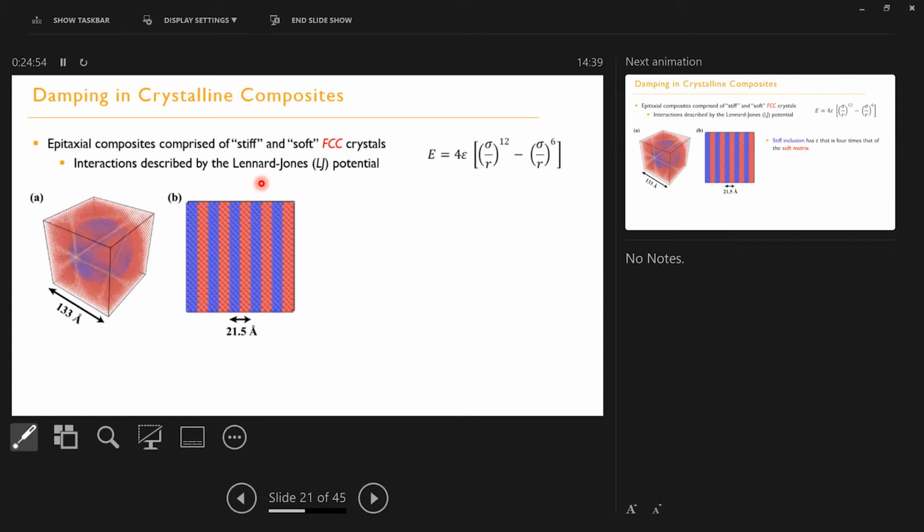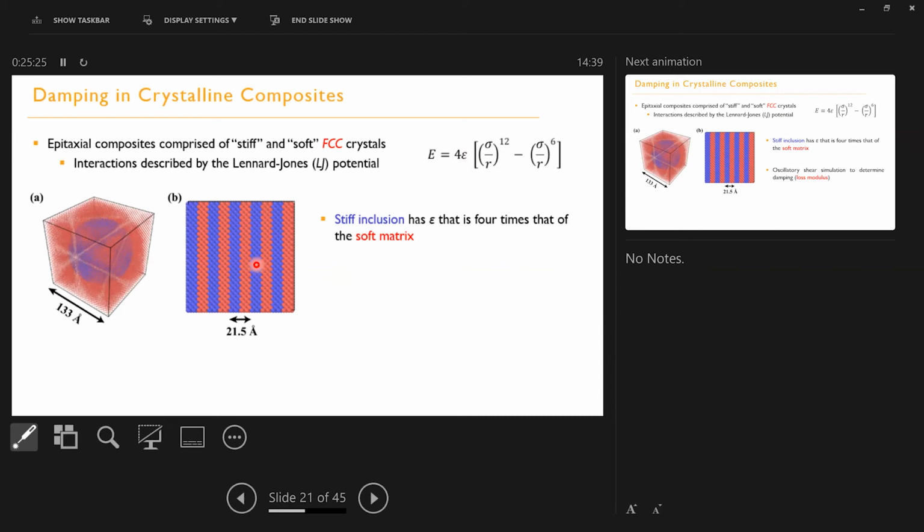So the Lennard-Jones that you saw a few slides back, that is all the complexity that we are building in. And to bring in the stiffness contrast, we are artificially increasing the epsilon parameter of the Lennard-Jones term for the stiff phase by 4 times. Okay, so the red atoms have, let's say, epsilon equal to some value, and the stiff phase, the blue atoms, have 4 times that value.